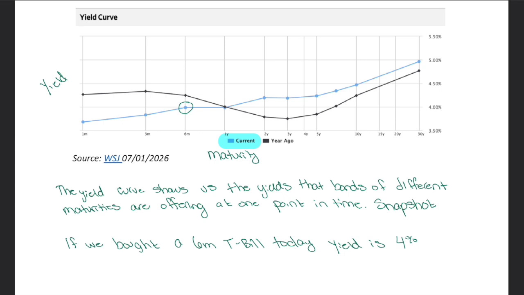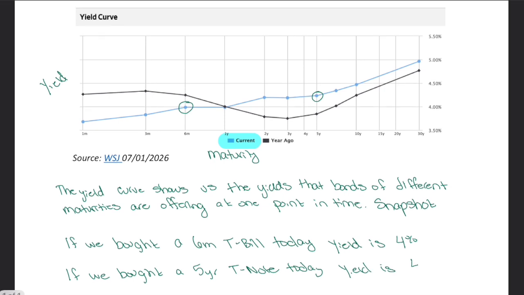If we pick another point here, let's say we pick the 5-year point. So if we bought a 5-year T-note today, the yield on that bond or note is approximately 4.25%.